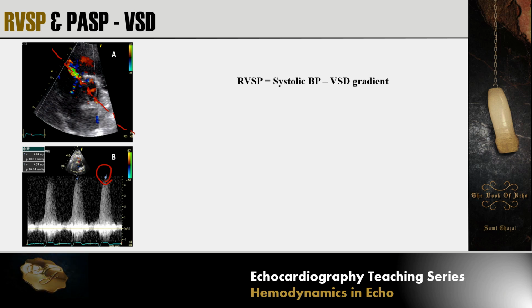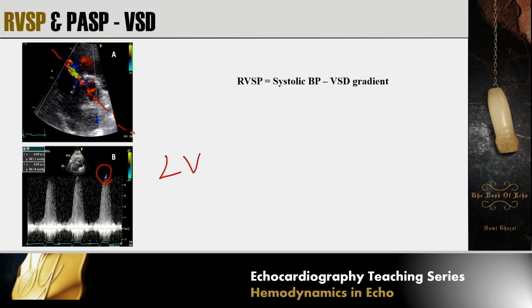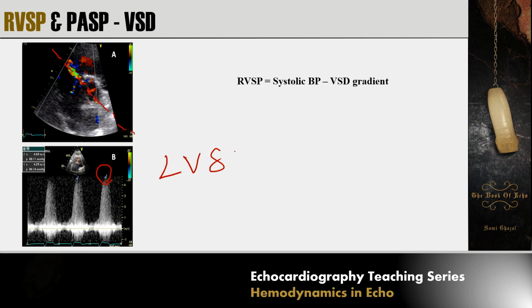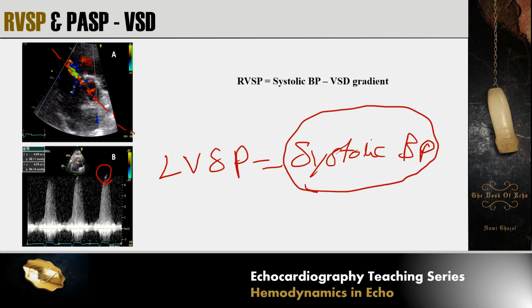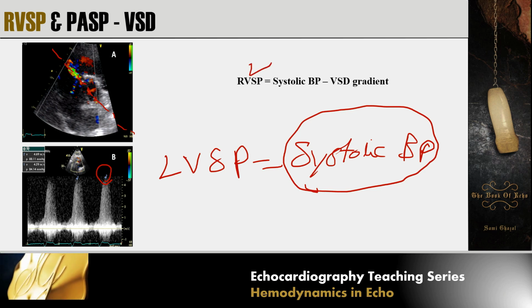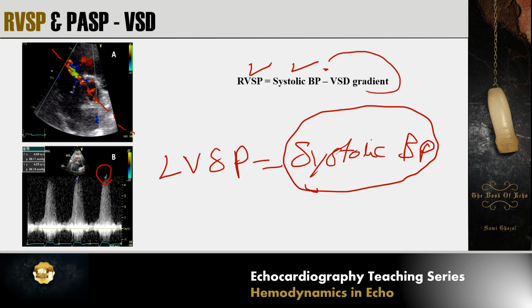Now, if there is no aortic stenosis, the LV systolic pressure will equal the systolic blood pressure. So if we measure the systolic blood pressure, we can now estimate the RVSP. So RVSP now will equal systolic blood pressure, which is LV systolic pressure, again, if there is no aortic stenosis, minus the VSD gradient.